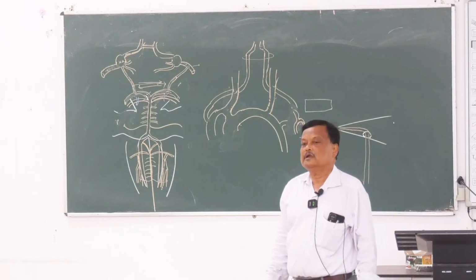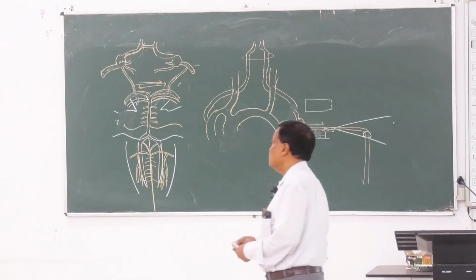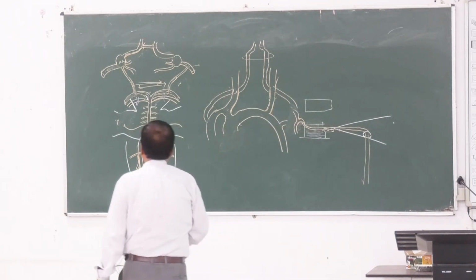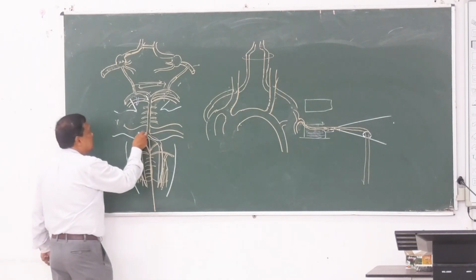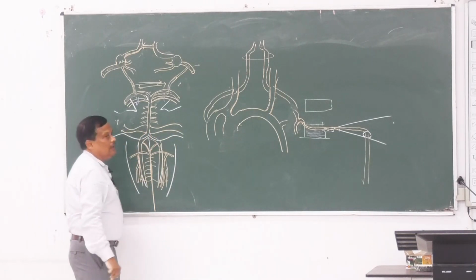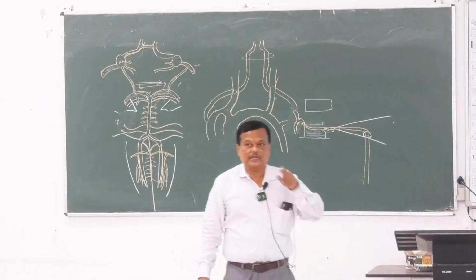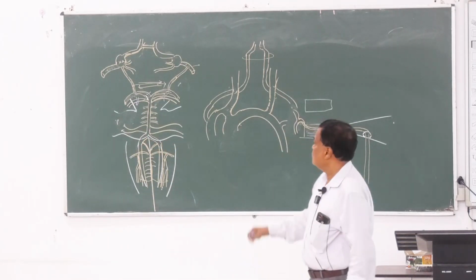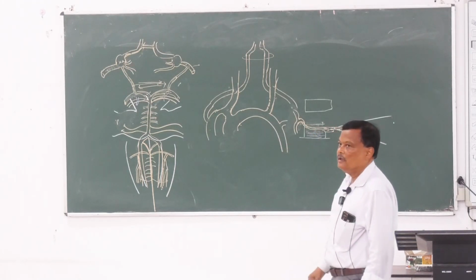Another name for it is the labyrinthine artery. It is a branch of the basilar artery. And last arises the antero-inferior cerebellar artery. So these are the branches of the vertebral and basilar artery.